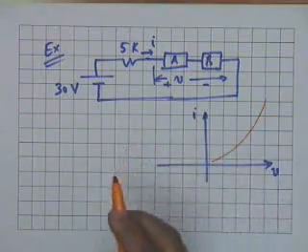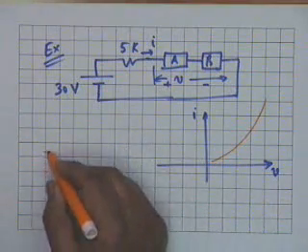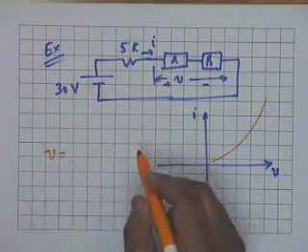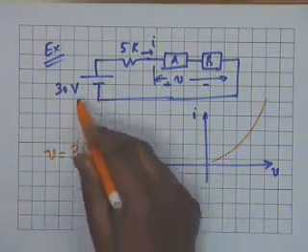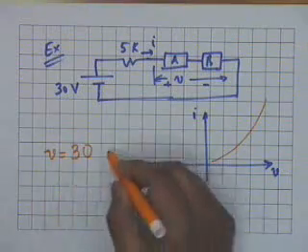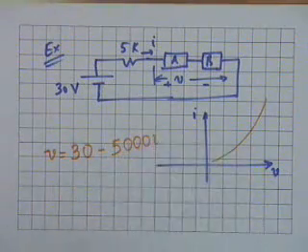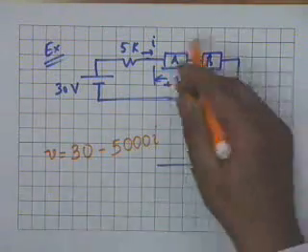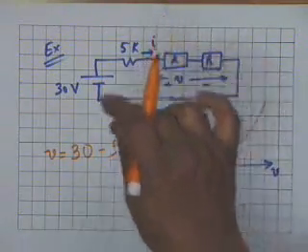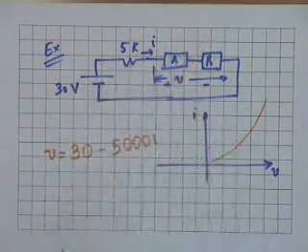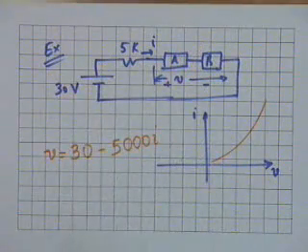The other, the load line, obviously is given by V equal to 30 volt minus 5000 I. Is that okay? This voltage is equal to the source voltage 30 minus the drop in 5K, that is 5000 times I.